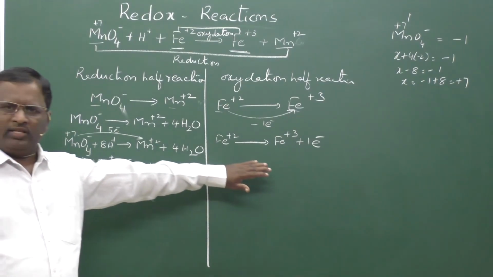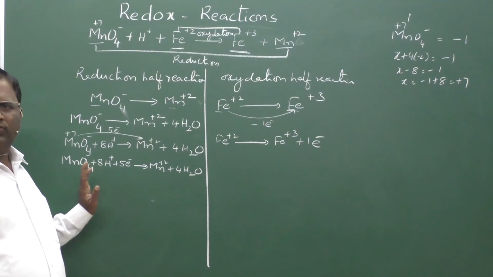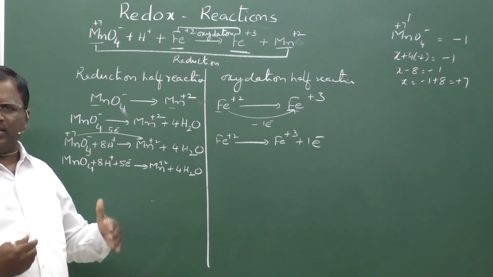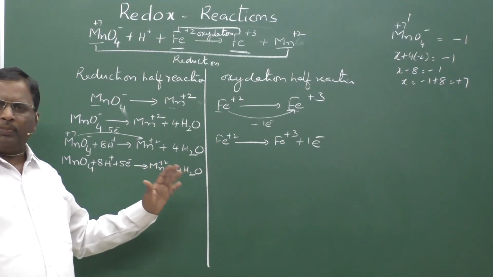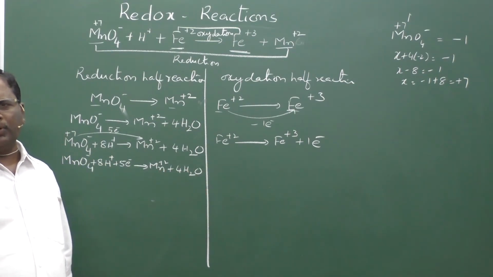Now in this half reaction only one electron is released, but in the other half reaction 5 electrons are absorbed. So the number of electrons released must be equal to the number of electrons absorbed. This can be done by multiplying the whole half reaction with a suitable coefficient.